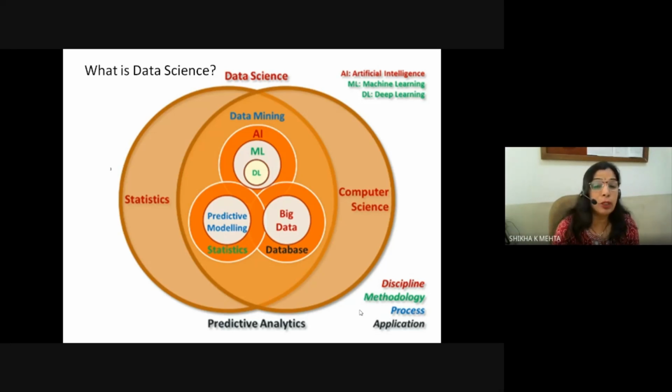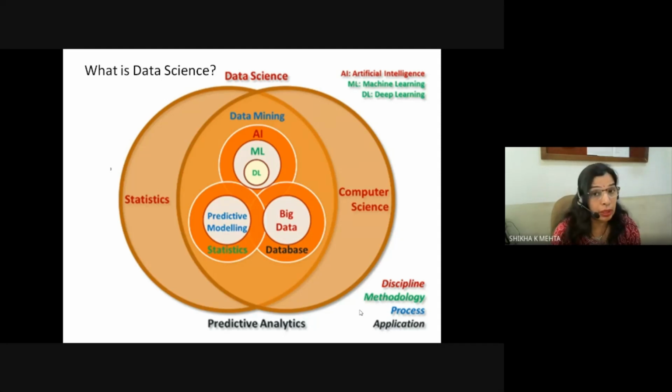We do the predictive modeling by applying statistical techniques. When we are talking about databases, we are talking about everything related to databases: storage, management, structured data, unstructured data, or semi-structured data. That's where the term big data is used.